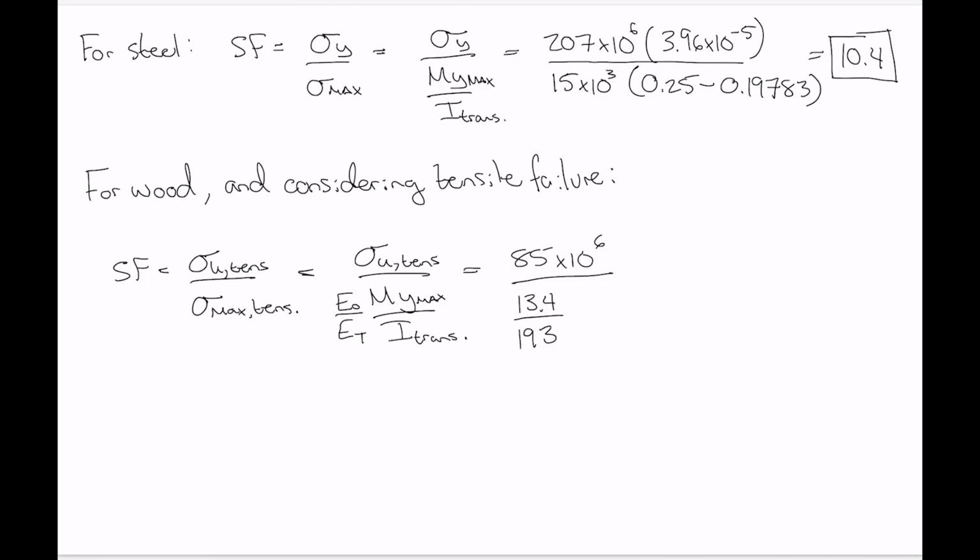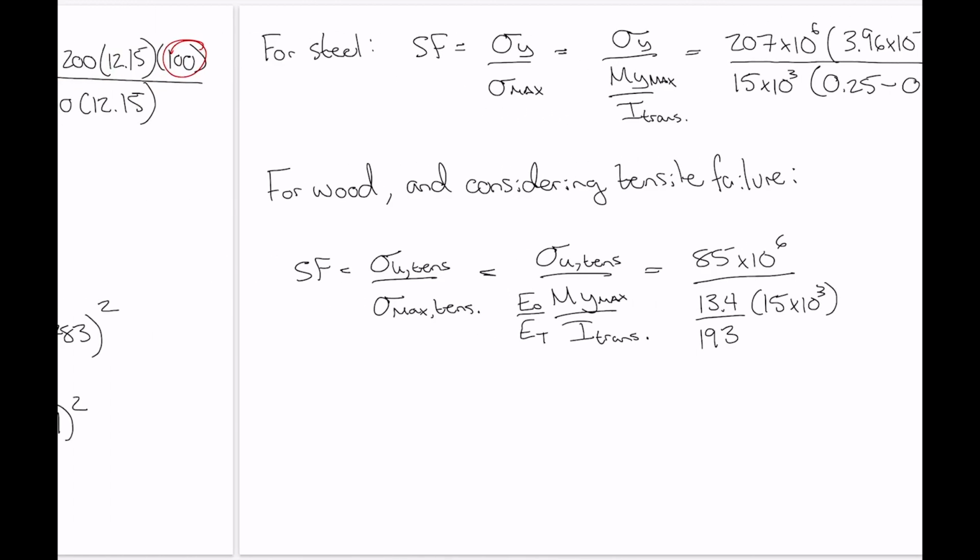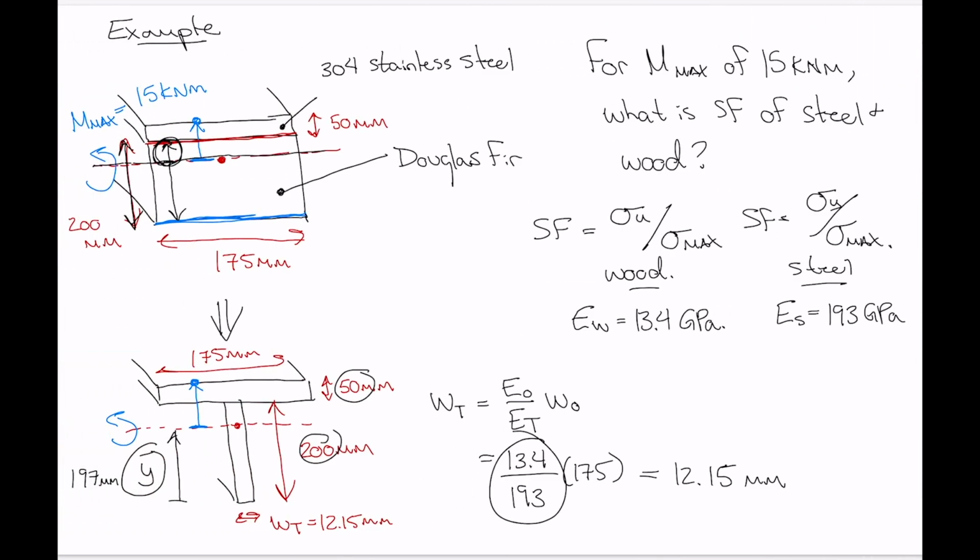Then our moment, so we had 15 times 10 to the 3 for 15 kilonewton meters. Our distance y, so that's the distance from the centroidal axis down to the point where we're going to experience maximum stress in the wood.